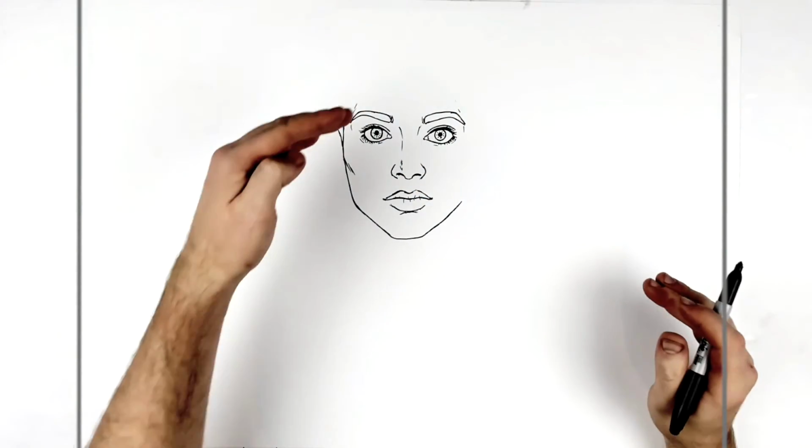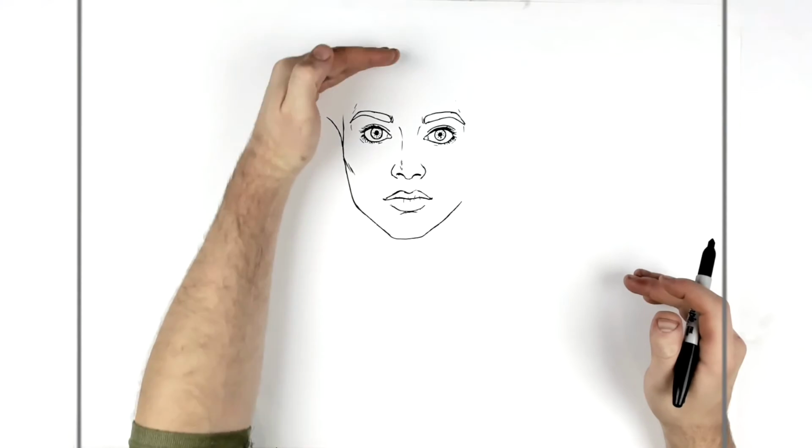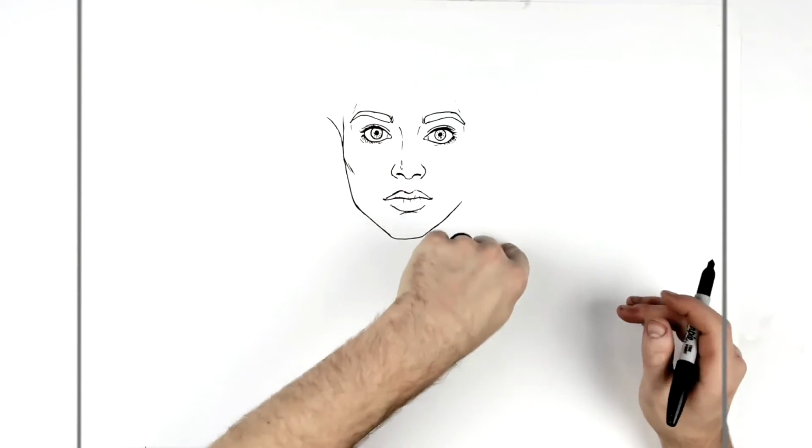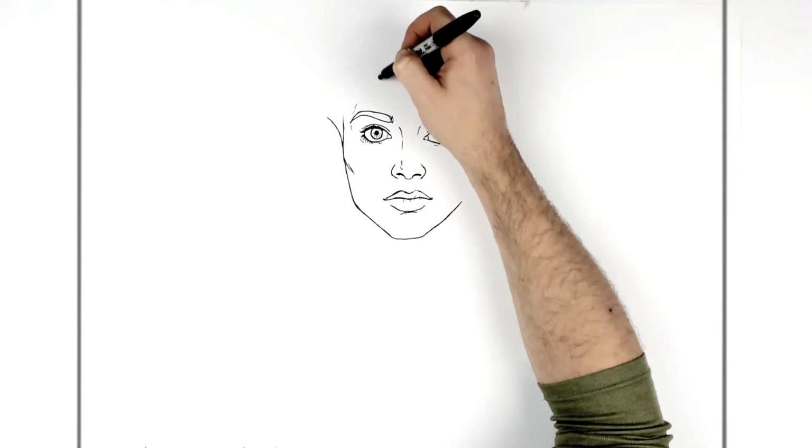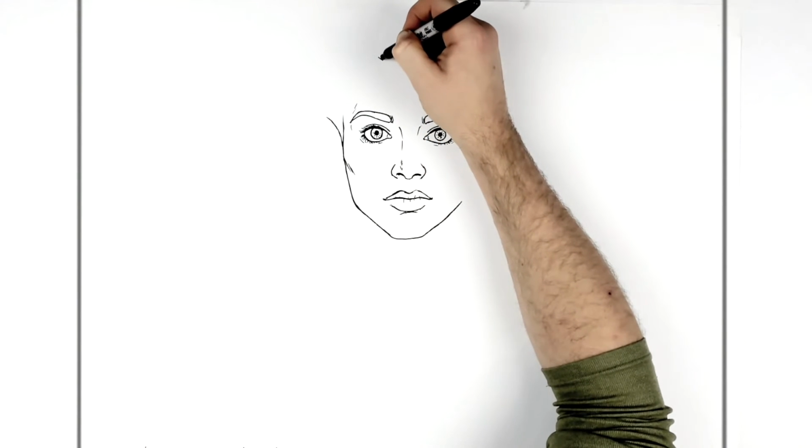Like that, right? So she's got a part in her hair up here that comes down this way, and then a part that comes down over here. So the top of her hair, the part in her hair, is about just over this eye, just up here.